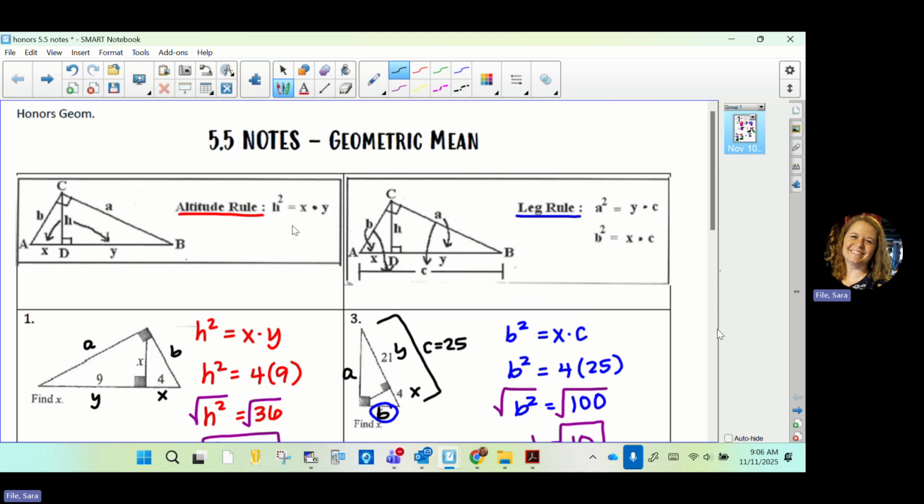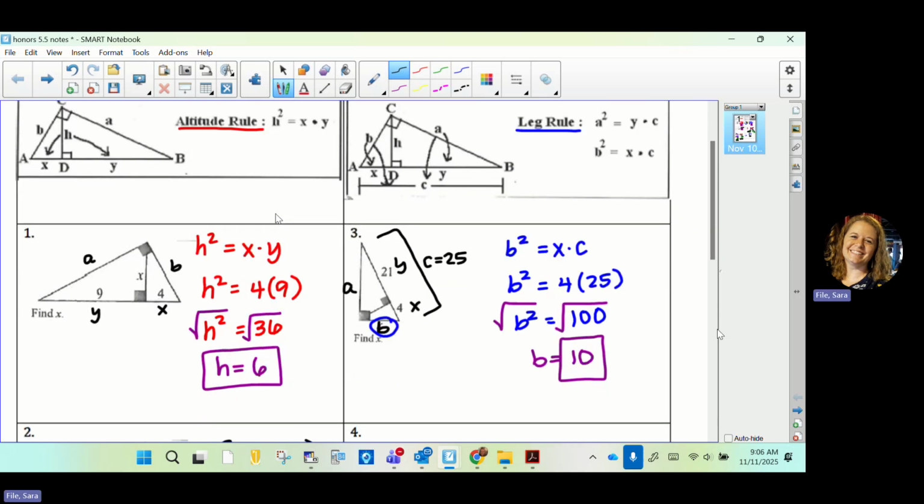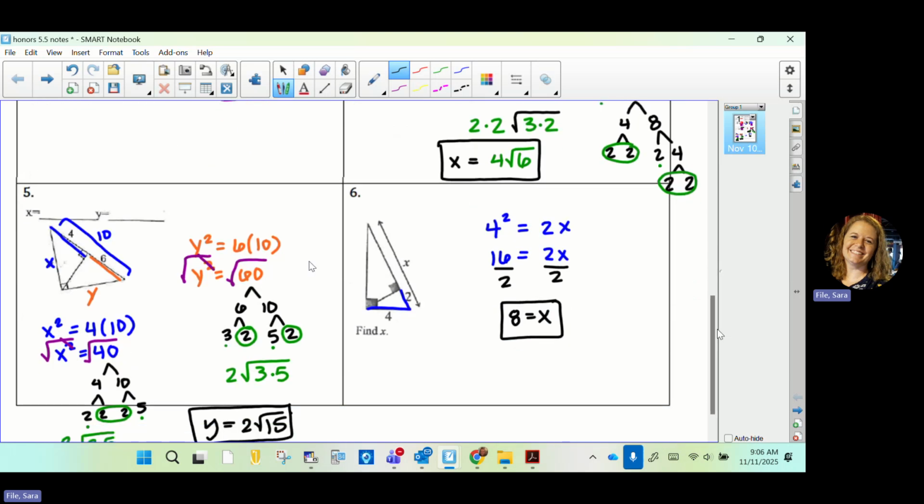If I had used the altitude, to work backward, I would have either needed to know the H, the altitude, or this other side. I could have found the altitude, but if I knew that other side, I would have known C. So that wouldn't have really happened anyway. So you just have to look at what you're given and what you're asked for to determine, should I use altitude versus leg rule?